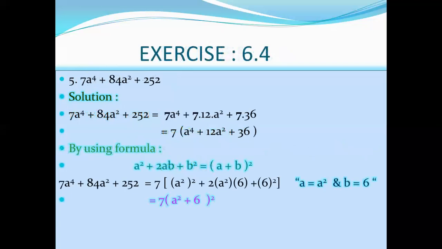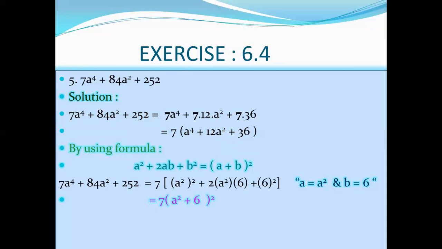Next question is 7a^4 plus 84a square plus 252. In this question, you see that 7 is not the square of any number, and same with 252. If you take the square root of 252, you cannot get a whole number. It means that we will split the numbers and take some term common, and after taking common, maybe the remaining expression will become a perfect square.